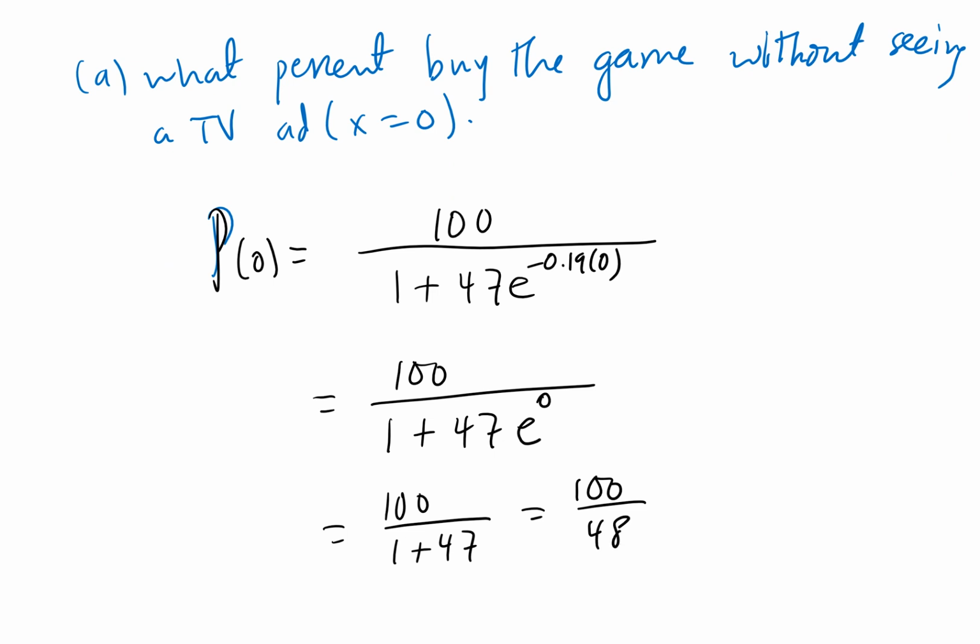What's 100 over 48? It's about 2.08%, so about 2.1%. Let's make it 2.1%.